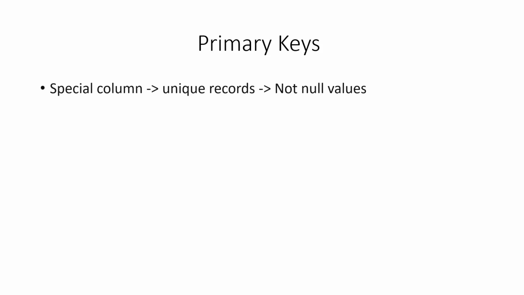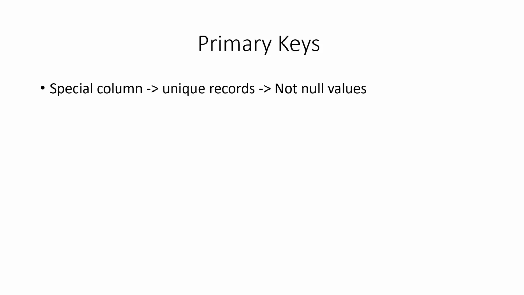And these kinds of things you can have in relational databases by using primary keys and foreign keys. Just to refresh our memory, a primary key is a special column that is a unique identifier of that particular record. It can't be null.